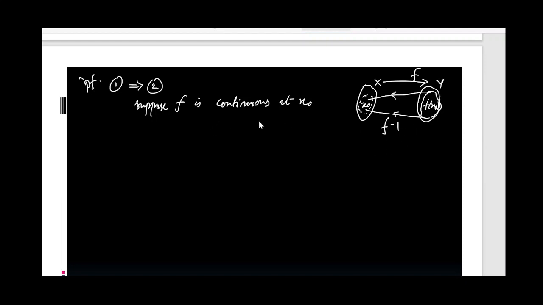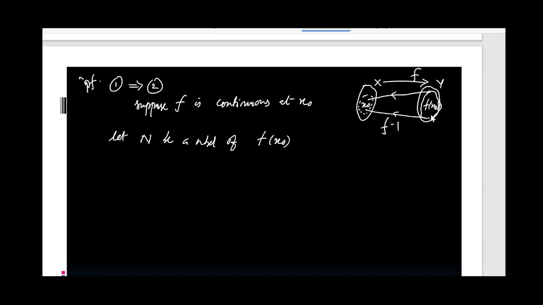So suppose f is continuous at x naught. Let N be a neighborhood of f of x naught.